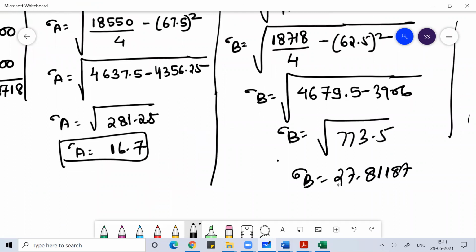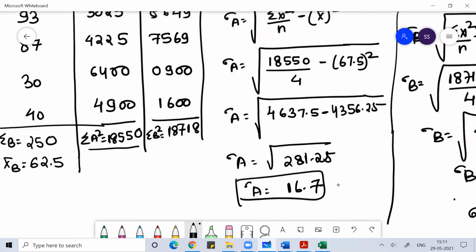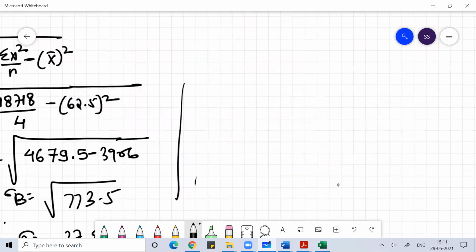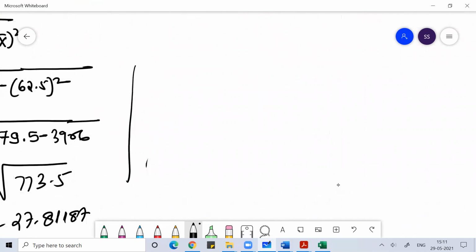So you found the standard deviation of A, you found the standard deviation of B, you know the mean of A, you know the mean of B. This much information is all you need to determine the coefficient of variation. To work on the consistency, you need to find the coefficient of variation.